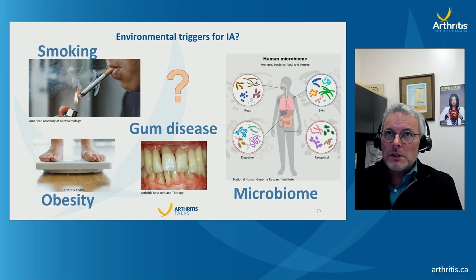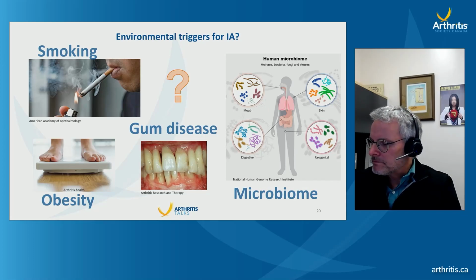And we know that when we treat people who have inflammatory arthritis, their microbiome actually comes closer to being more like those of people who don't have arthritis. And it's very interesting and exciting. We don't know how to manipulate this, and we don't really know the details as to how it works. But when we get into some of the diet risks, we can talk about that in a bit.